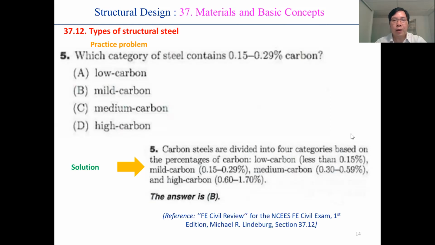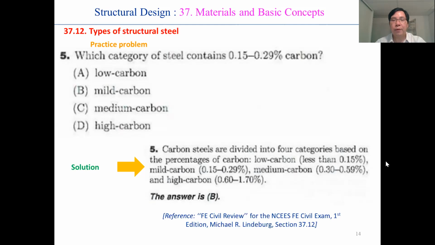Carbon steels are divided into 4 categories based on the percentage of carbon: low carbon, less than 0.15%, mild carbon with the percentage varying from 0.15 up to 0.29%.